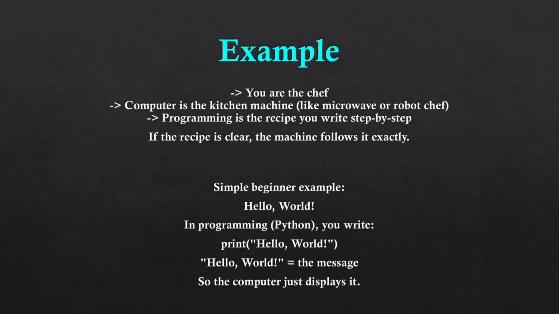Now, whichever programming language you are using, if the syntax is correct, if you have given the recipe perfectly, then the machine will properly display hello world on the computer screen. So, this is what programming means, as you have seen in the example given. If your recipe is clear, then the machine will give you the desired output properly.